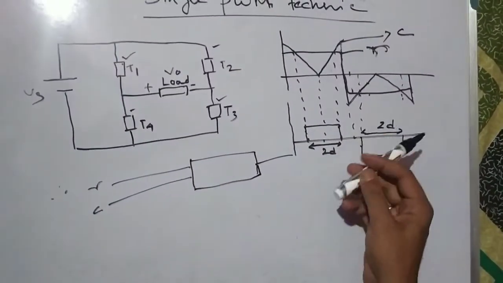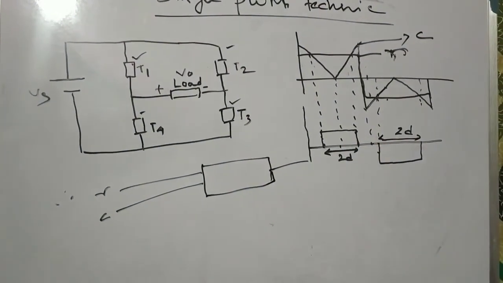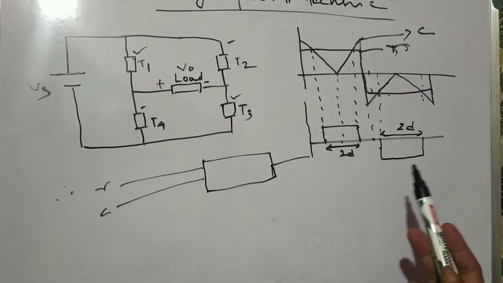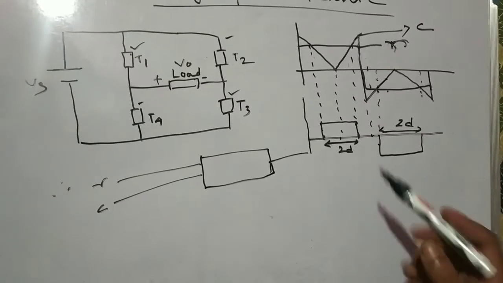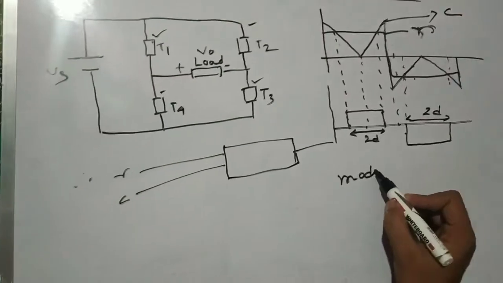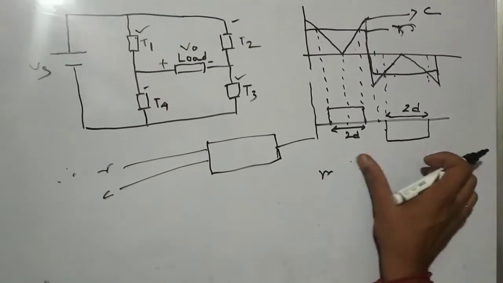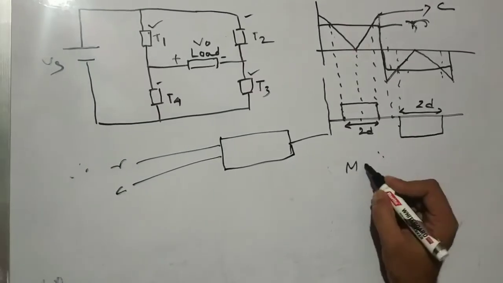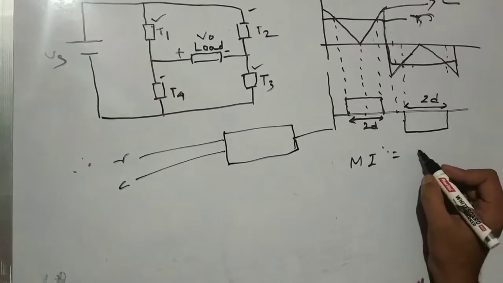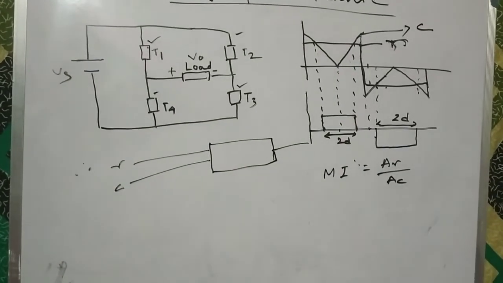It depends on the carrier and reference signal values. Electronics students may have studied in communication that the modulation index MI equals reference value by carrier value.